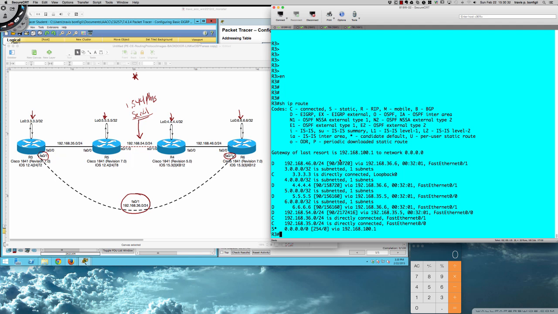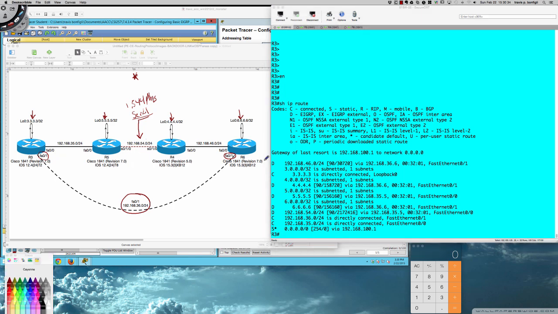So as you can see, we've got a number of routes listed in the routing table here, and remember that EIGRP is going to display its routes with a D, and that D stands for DUAL, right? The diffusing update algorithm that is used by EIGRP to calculate its composite metric. So just taking a look at the routing table here, we are learning about this network, the 192.168.46.0.